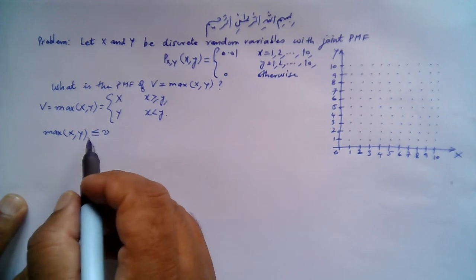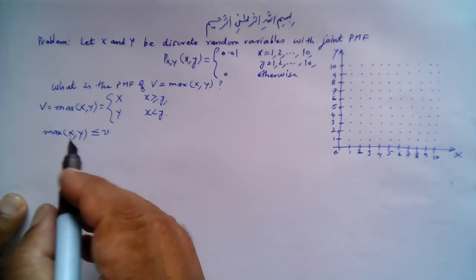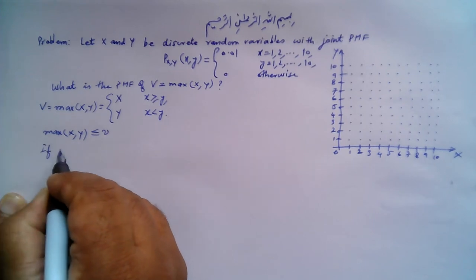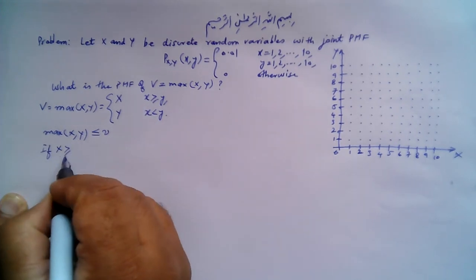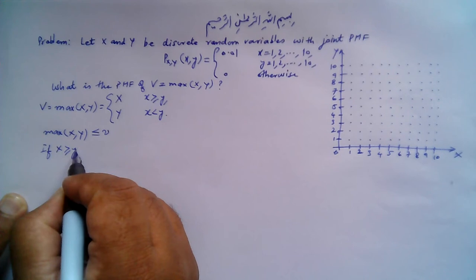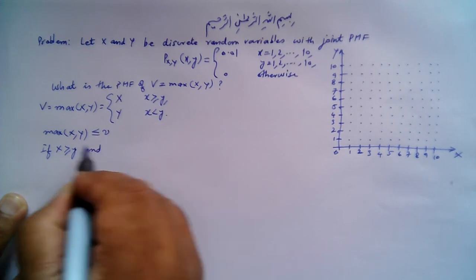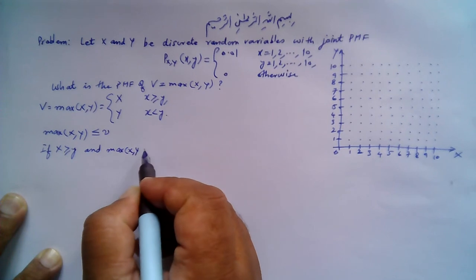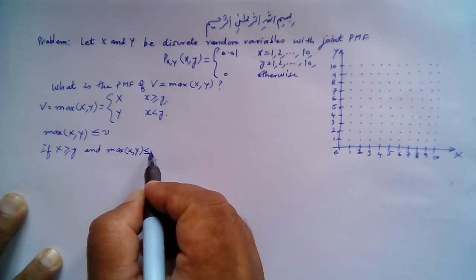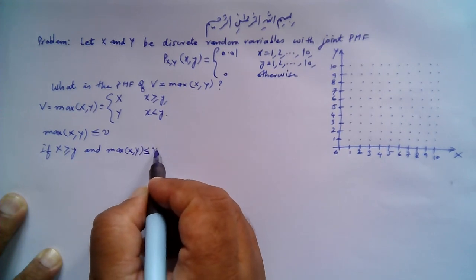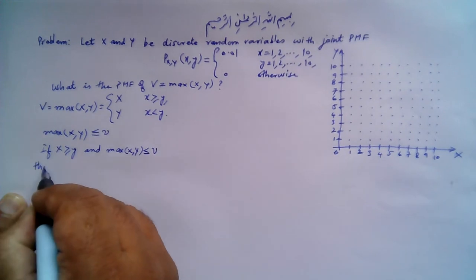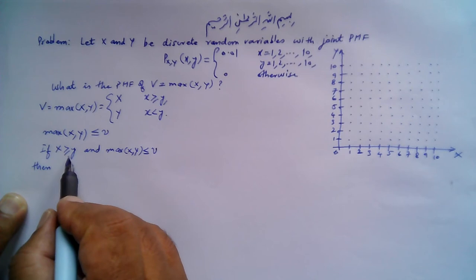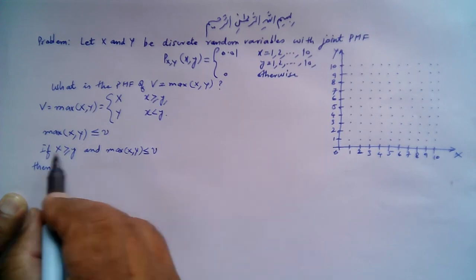So we can combine this with the two more scenarios. So we can say that if x is greater than or equal to y, and we are considering this max(x, y) less than or equal to v, then as x is greater than or equal to y, max(x, y) is x now.